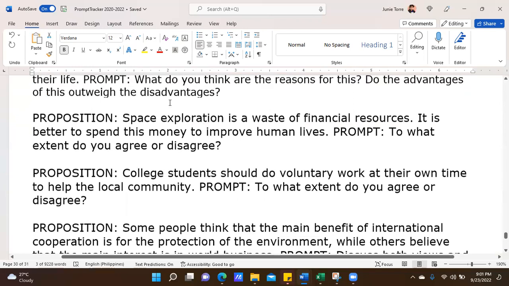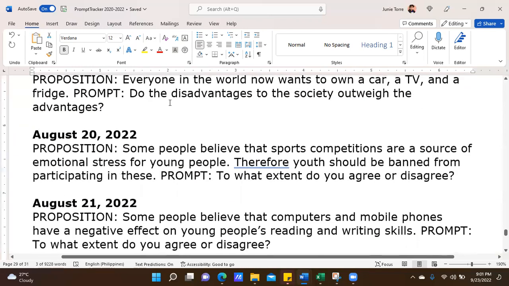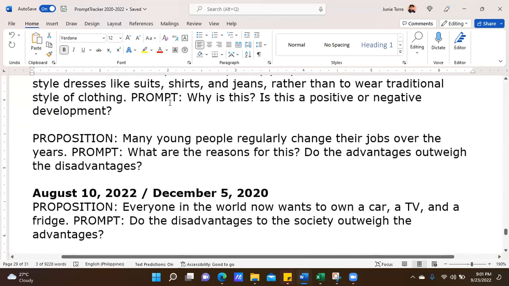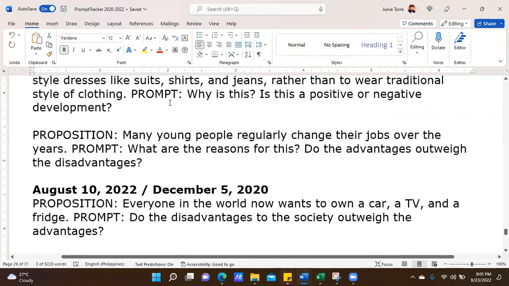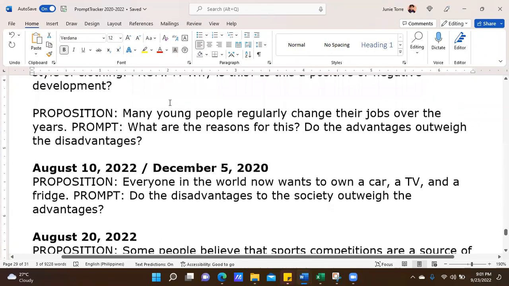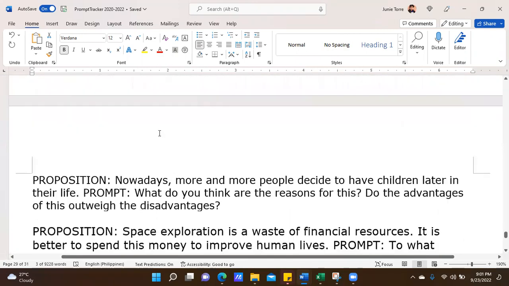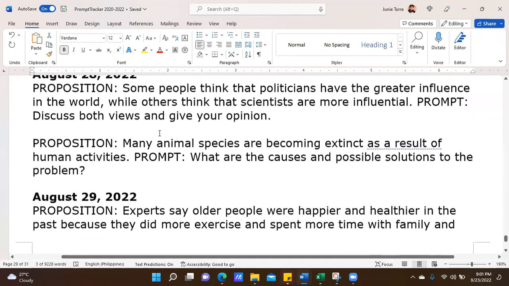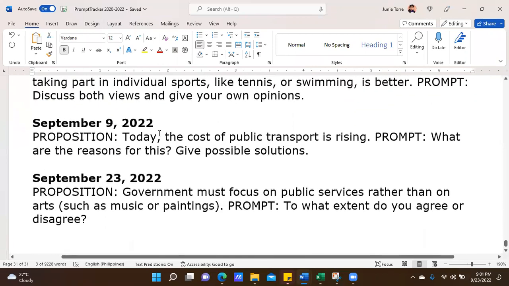Is that the one? Yun na ba yun? Nalito na ako, guys. Nasaan na ba ako? Ayun, August 3. Ay, ito. Nandun yan, nasa dulong-dulo yan, guys. Nasa dulong-dulo. So, like September.